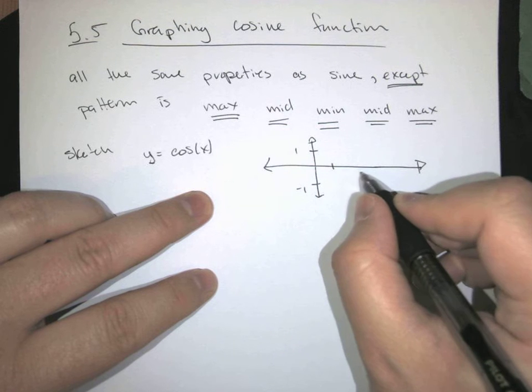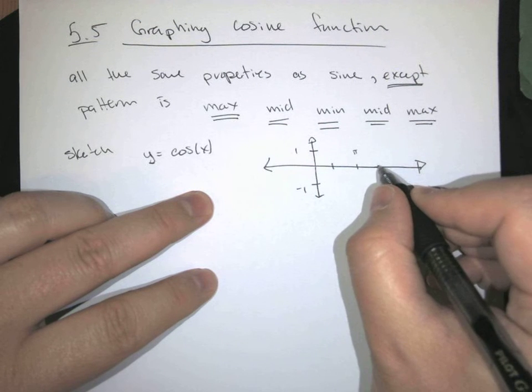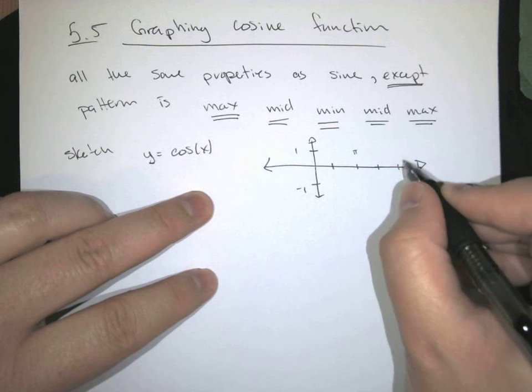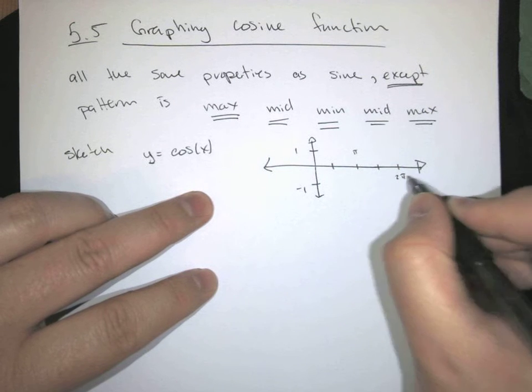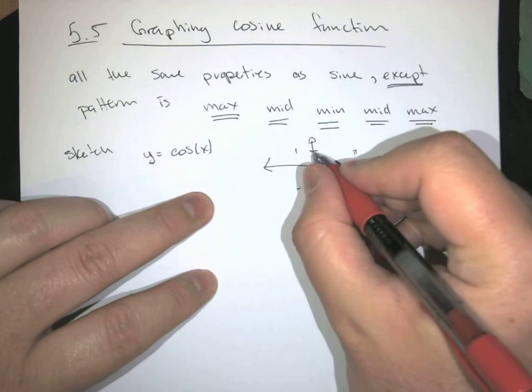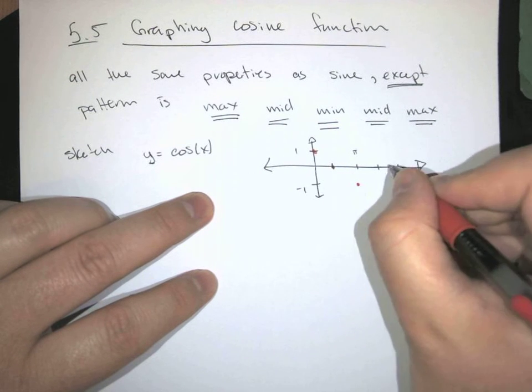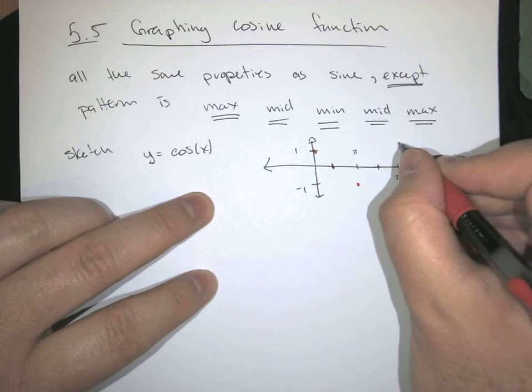We're just doing our usual quadrant angles, right? This would be pi over 2, this would be pi, this would be 3 pi over 2, this would be 2 pi. So the pattern here is you start at the max, which is 1, then you're down to the middle, then you're at the minimum, then back up to the middle, and then you end at the maximum.